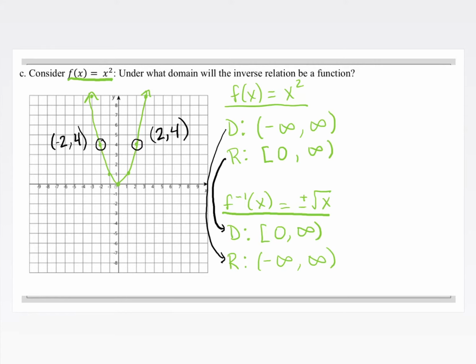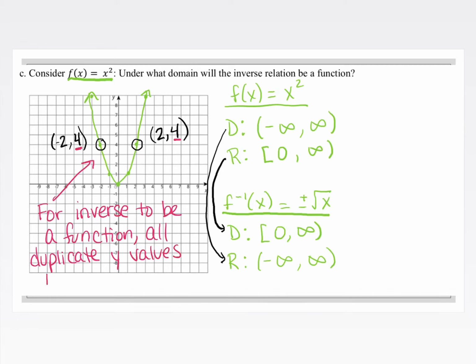So in order for our inverse to be a function, we need to note that all of these duplicate y values, because we have a 4 here and a 4 here, need to be eliminated.